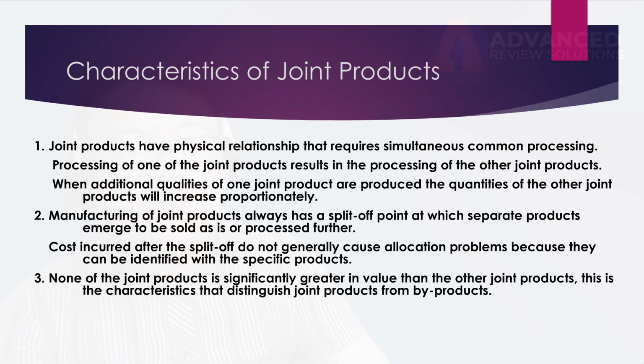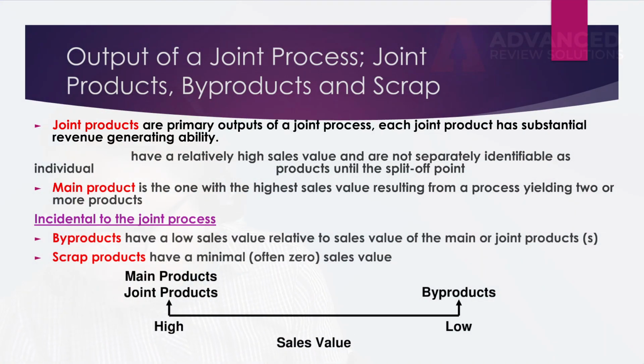Next one. Very important also, in terms of the output of a joint process, you have your joint products, your byproducts, and scrap. So we do one by one. What do we mean by joint products? Joint products are primarily outputs of a joint process, and each joint product has substantial revenue generating ability.